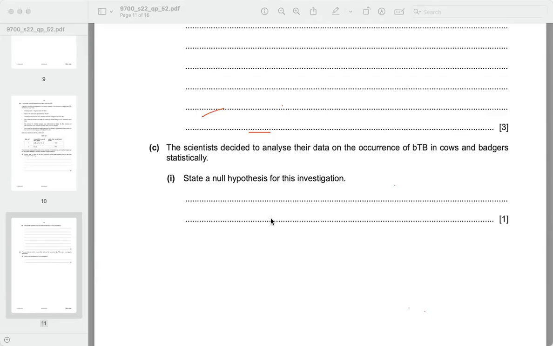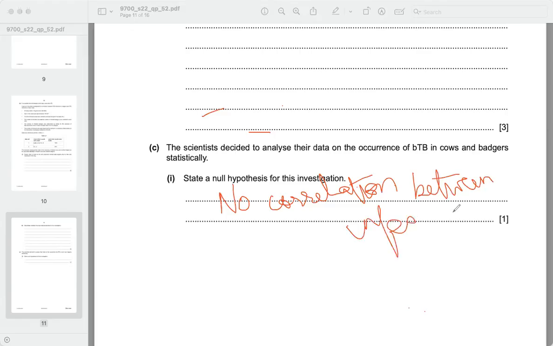That there is no correlation. So a null hypothesis always starts with no correlation between the infected. Please make sure you use the word infected, the infected cows and the infected badgers.